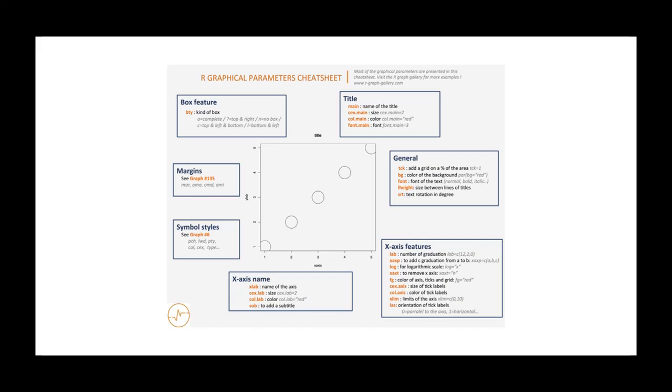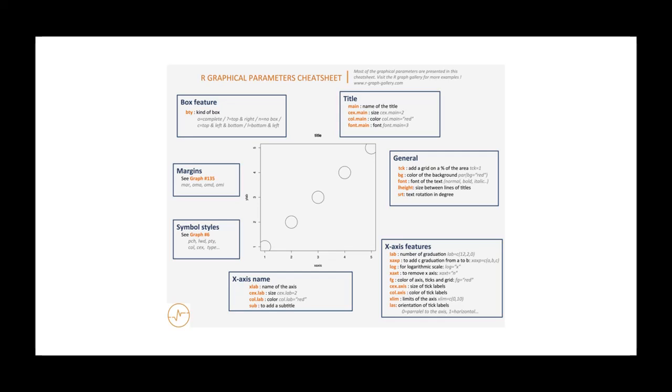While customizing the plot, we have various things to customize. The box feature helps us to tell whether this graph is going to be contained inside a complete box or only show the left-hand side and bottom line or other combinations. Title will help us to show the title for the chart, and then we can also set margins.